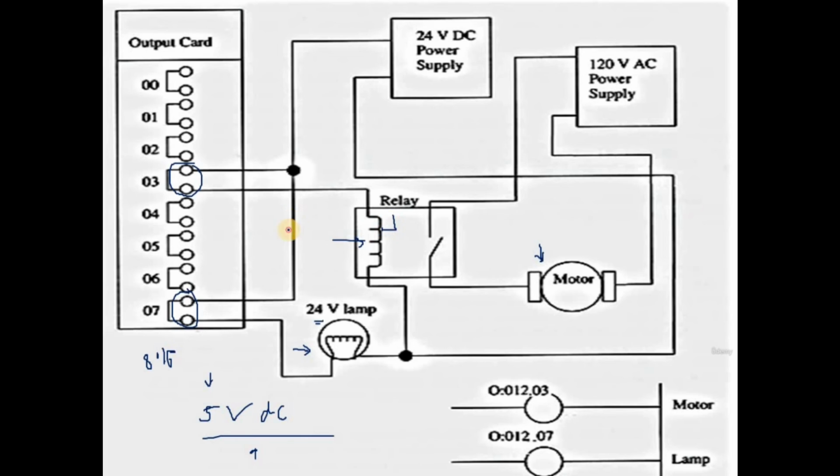We are just using that 5-volt DC output to switch on the output devices like a 24-volt DC lamp and the motor which works on a 110-volt AC power supply, right? The relay we are using for the switching purpose, means switching the devices on and off, right?